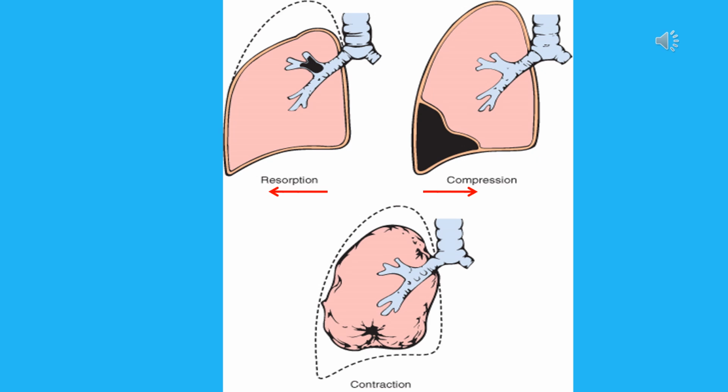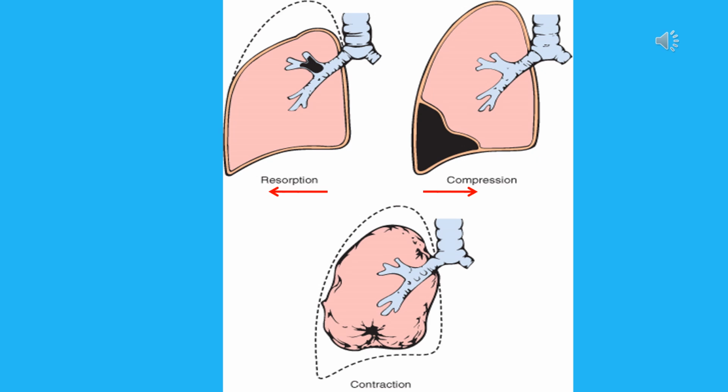Compression atelectasis results whenever the pleural cavity is partially or completely filled by fluid, exudate, tumor, blood, or air, such as in pneumothorax or tension pneumothorax, when air pressure impinges on and threatens the lung function and the mediastinum, especially the major vessels.